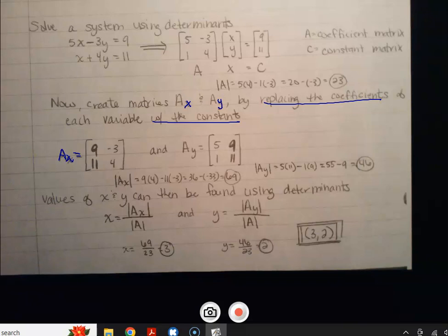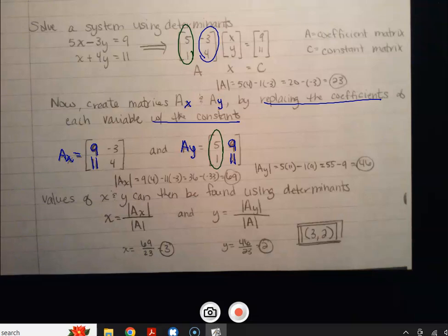All right, so we replace the first one to get A sub x. We replace that first column with 9 and 11, the constants. We leave the negative 3 and 4 that we had up here. We're going to leave those. So for A sub y, we put the 9 and the 11 in the next column, and we leave the 5 and the 1 in the first column like they were up here.